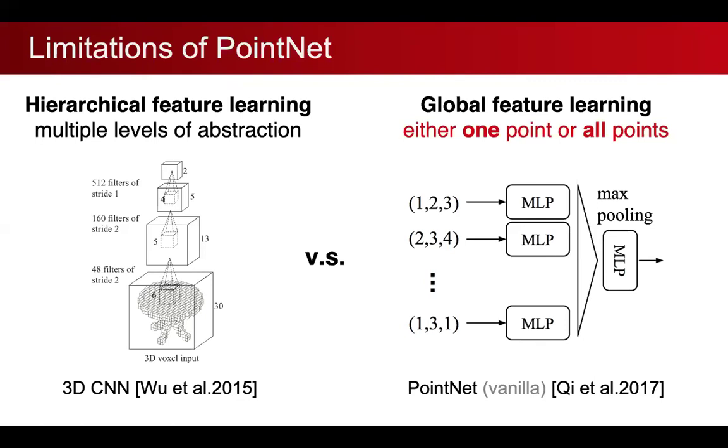So PointNet had many advantages over voxel grids that use convolution, and some disadvantages. Because if you see here, a voxel grid based neural network that uses a 3D CNN, uses 3D convolutions, creates a representation with multiple levels of abstraction in terms of analyzing the data.